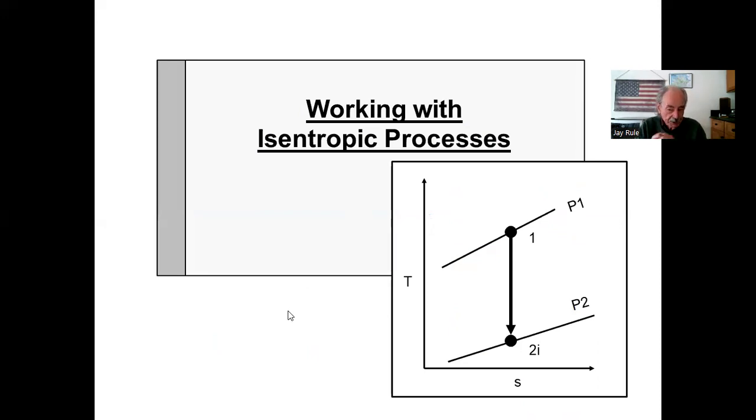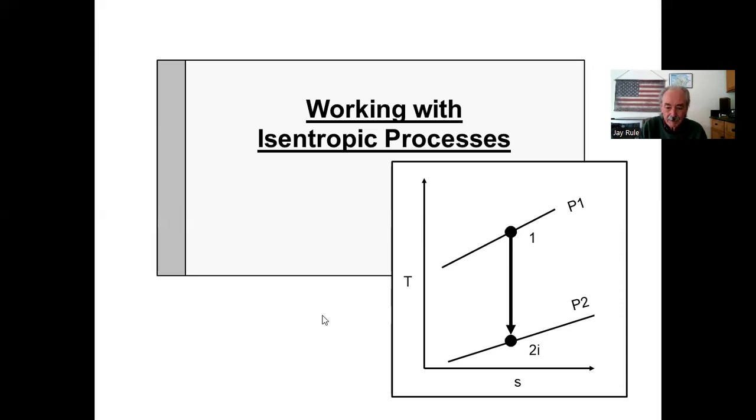Now, since I just mentioned that this S0 value only applies to isentropic processes, let's look at the details of analyzing an isentropic, constant entropy process. For this example, state 1 to 2i is an expansion process. Pressure's dropping. 1 to 2 isentropic. That's our example problem.